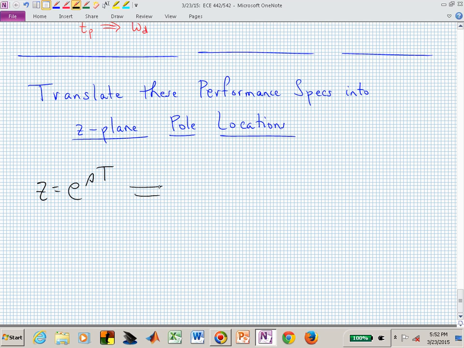And we want to actually parameterize s consistent with zeta and omega sub n, meaning we can now rewrite z as e to the minus zeta omega sub n, that's the real part in the s-plane, plus j omega sub n square root of 1 minus zeta squared, all of that times T. And remembering that this is sigma and this piece is omega sub d.